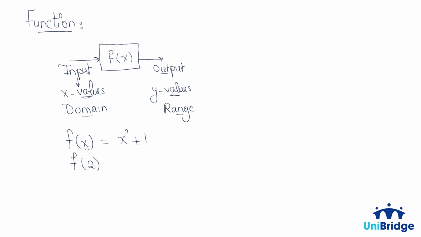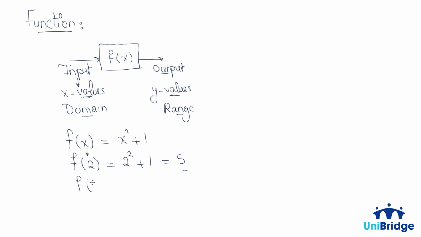This means that I remove each x and plug in 2. So this becomes 2 squared plus 1, which is going to be 5. So you basically remove each x in the function and replace it with 2, as if you put 2 inside the x of the function to get the output value, which is going to be 5 in this case.